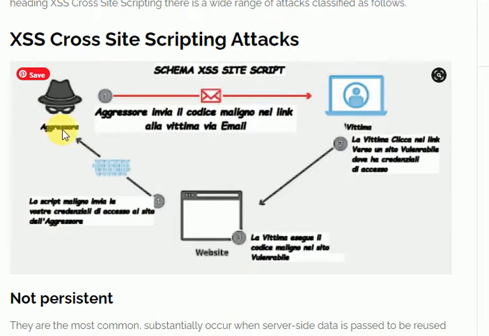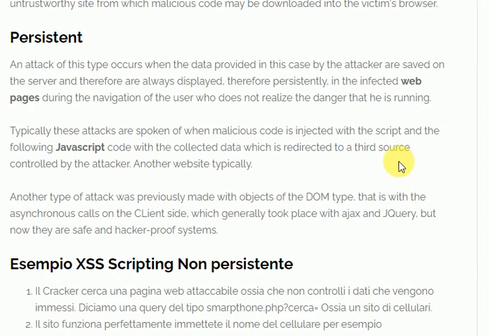The aggressor is the hacker and sends malicious code on the link of the email to the browser that received the attack. And this link goes to the vulnerable site where there is the access credential.